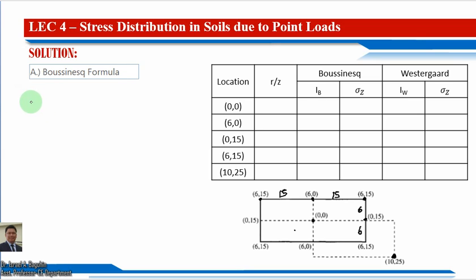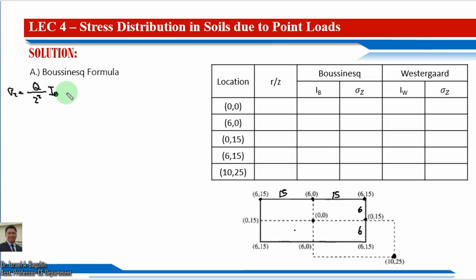First we are going to determine the influence factor. Our basic formula for the vertical stress is sigma z is equal to q over z squared times the influence factor I subscript b.